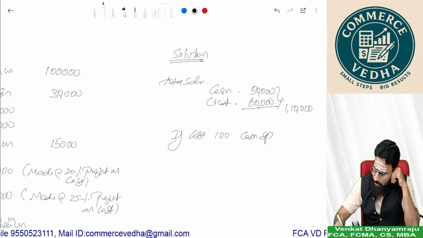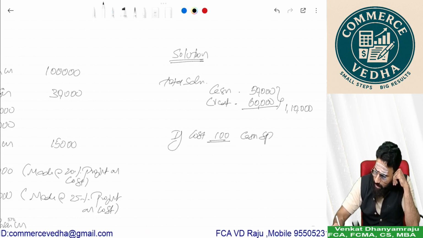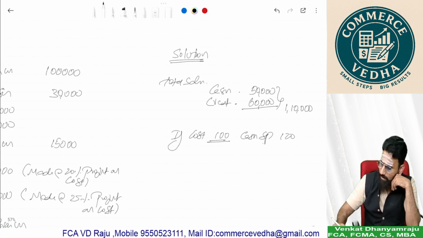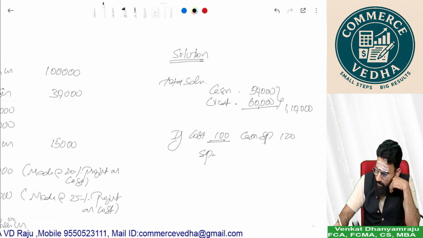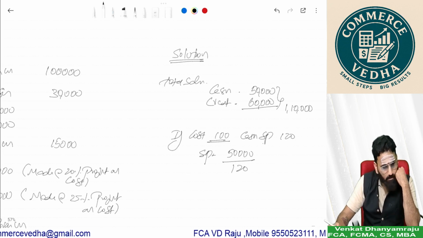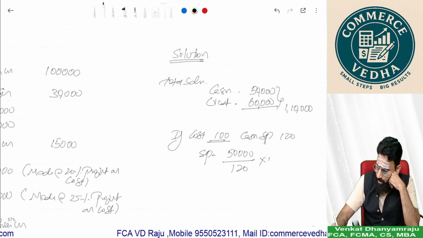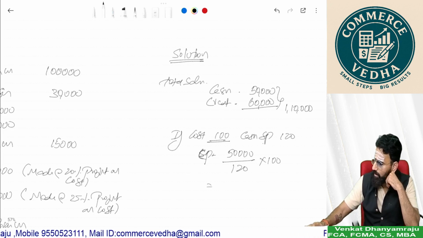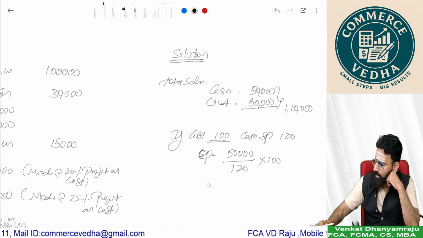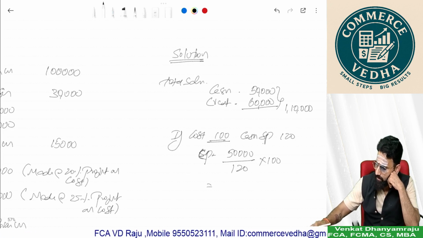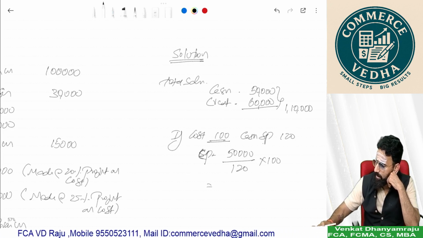In that case, cost price equals 50,000 by 120 into 100.